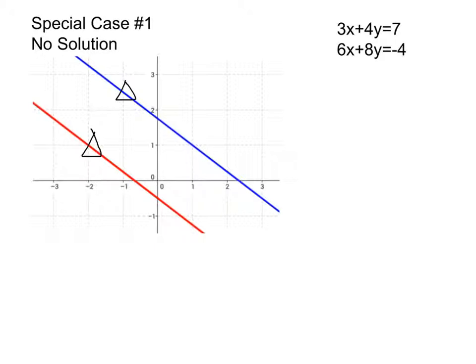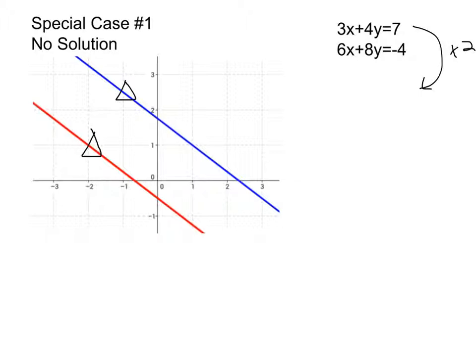In this case, I'm probably going to choose elimination because none of my variables are particularly easy to isolate. And also I noticed that I can really easily eliminate the x's because the like terms here are really easy to get to be exactly the same. All I have to do is multiply my first equation by 2.